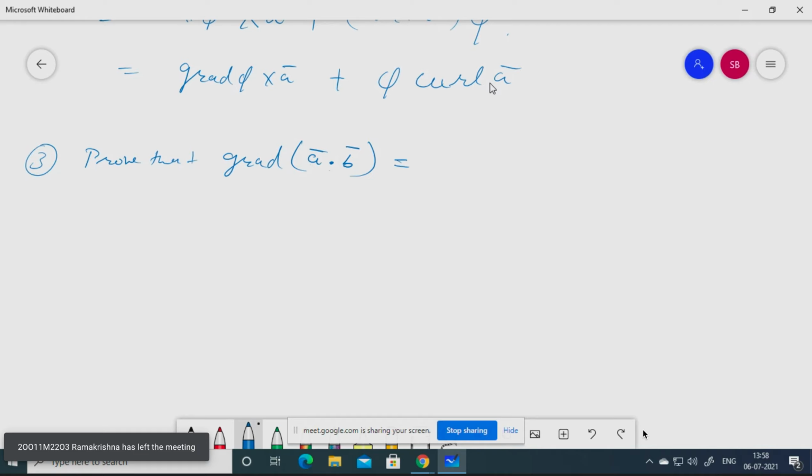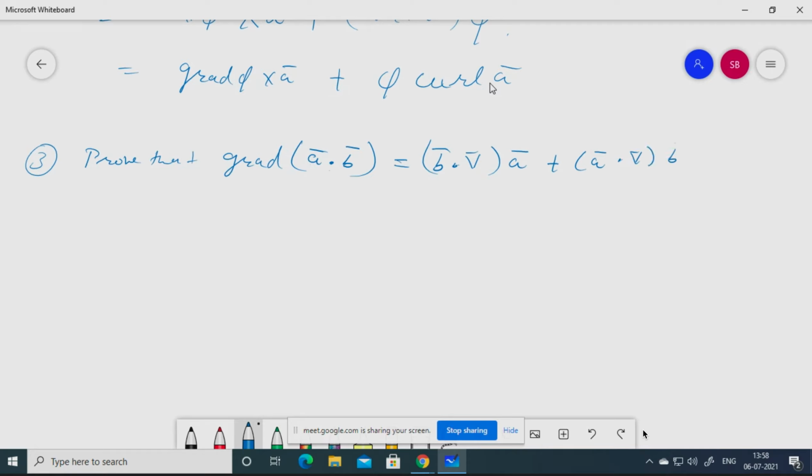Okay, and what you need to prove will be B bar dot del A bar plus A bar dot del B bar plus B bar cross curl of A bar plus A bar cross curl of B bar.